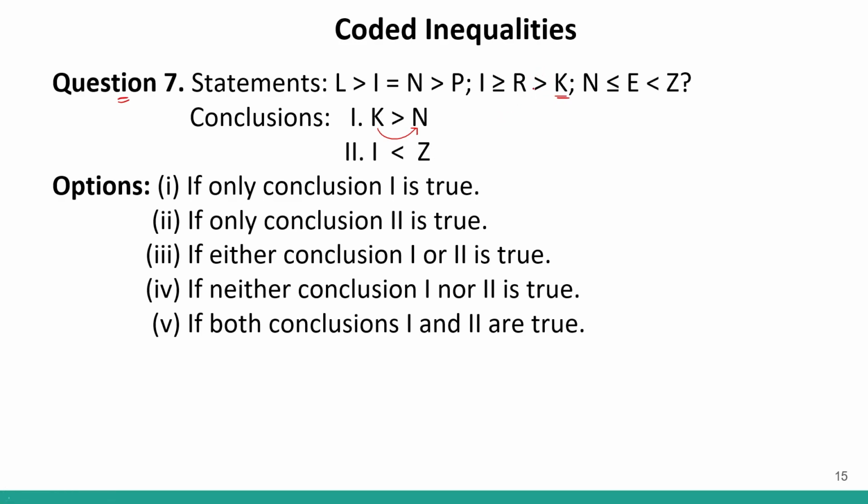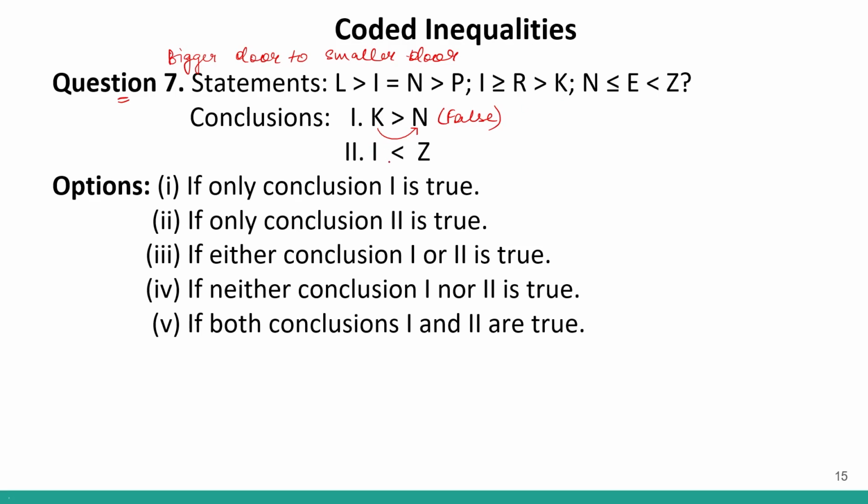I do not see a bigger door. So there is no way to proceed after K in either of the directions. Correct? I cannot proceed after K because we move from bigger door to smaller door. And I cannot proceed. Correct? That means this is false.